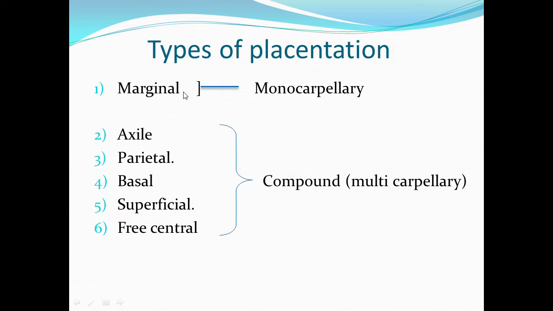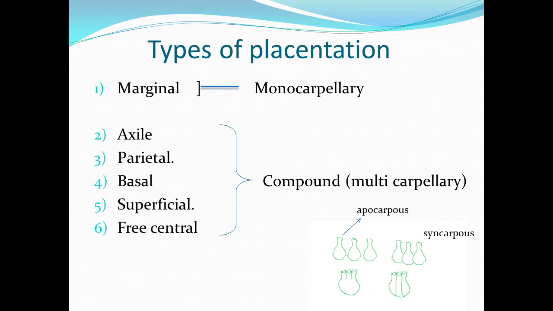Marginal placentation is monocarpellary, in which only one carpel is present, whereas in all other placentations the carpel is compound, meaning there is more than one carpel, also known as multicarpellary. These carpels may be free, in which case it is known as apocarpous, and if they are united then it is known as syncarpous.